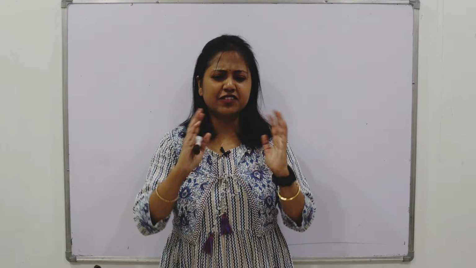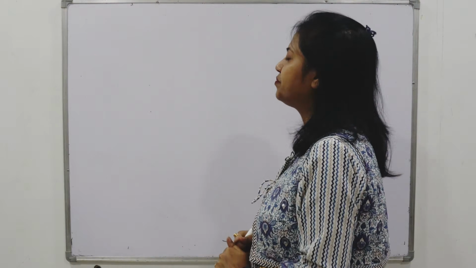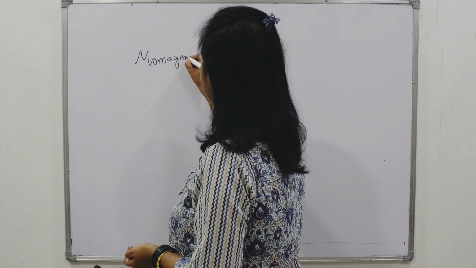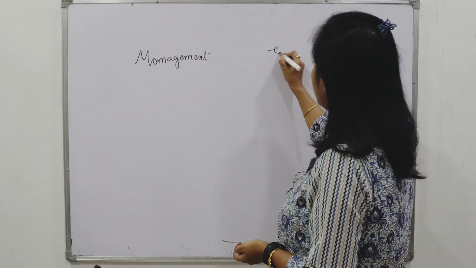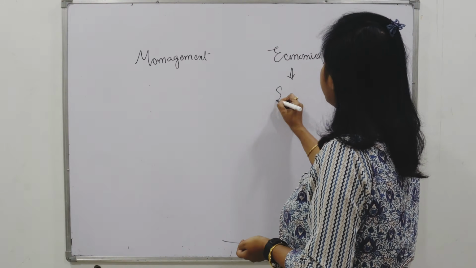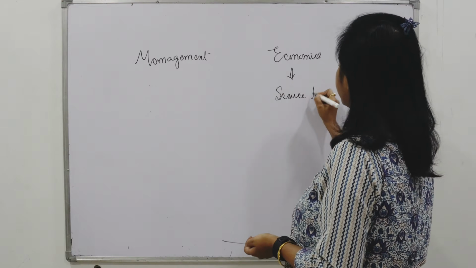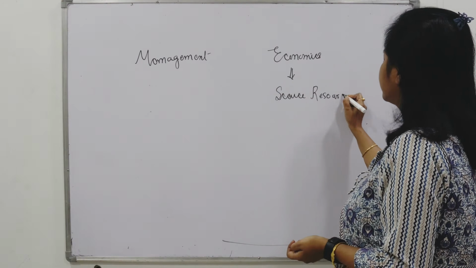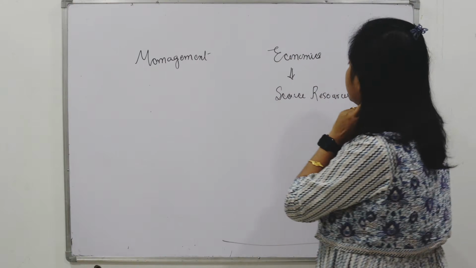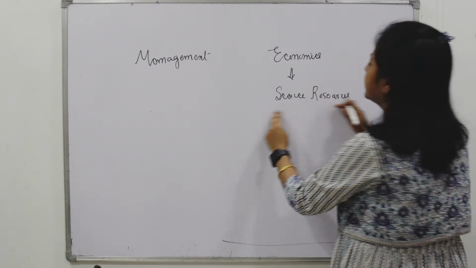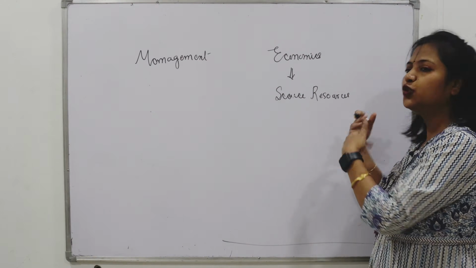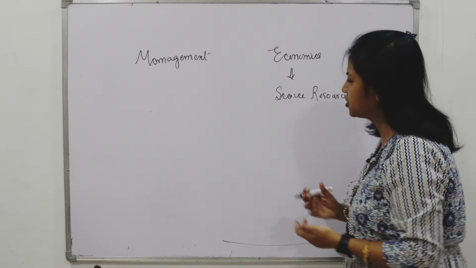So friends, let me give you an idea by drawing something here. We have here management, and we have here economics. We have the problem of scarce resources. Resources are scarce, and economics is a science which deals with how, if the wants are unlimited, the scarce resources and unlimited wants interact with each other through human action or corporate action or organizational action.